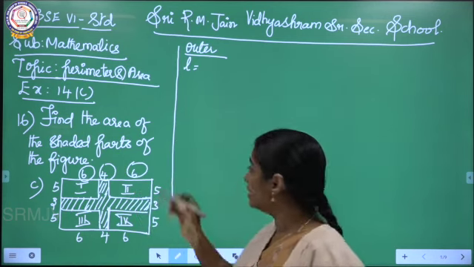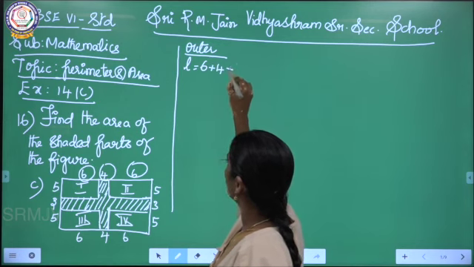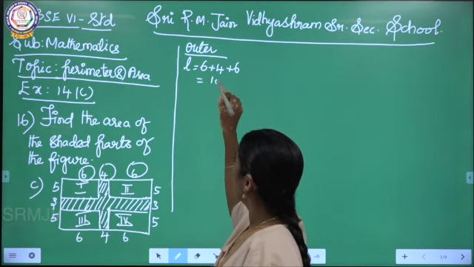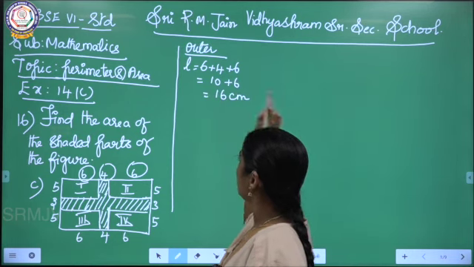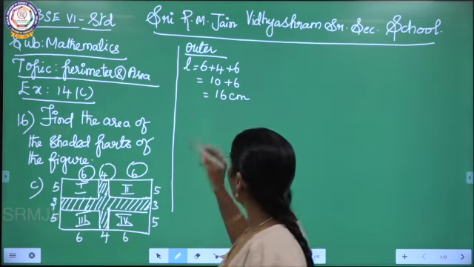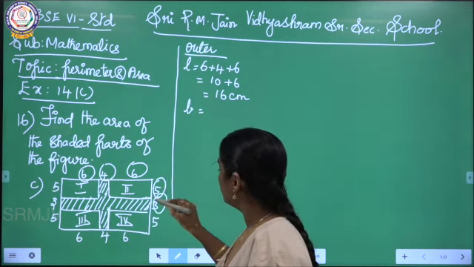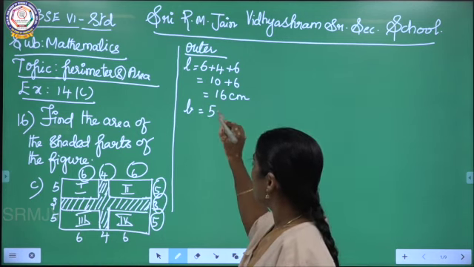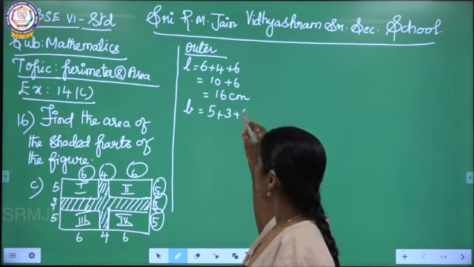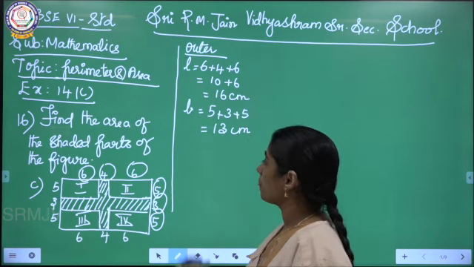When I am adding these three, I can get the length. 6 plus 4 plus 6, which is what? 10 plus 6, which is 16 centimeter. And what about the breadth here? 5, 3 as well as 5, which is what? 5 plus 3 plus 5, which is 13 centimeter.